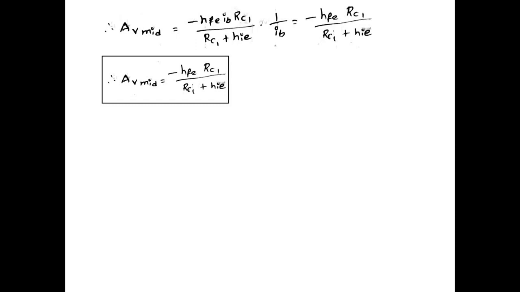Then the bandwidth at 3 dB is where the gain is AV mid divided by root 2, which gives you both the lower cutoff frequency and the upper cutoff frequency. From that we can calculate the bandwidth, which is equal to upper cutoff frequency minus lower cutoff frequency. For that, first we need to calculate the mid frequency voltage gain.